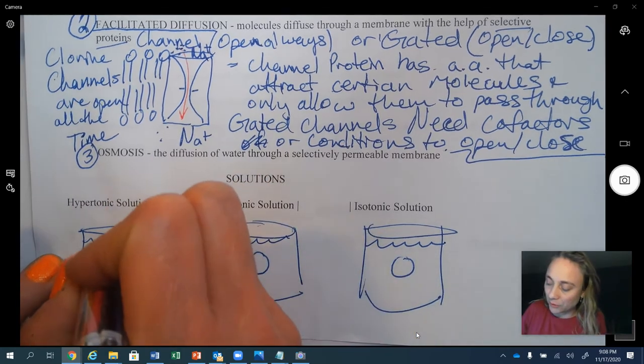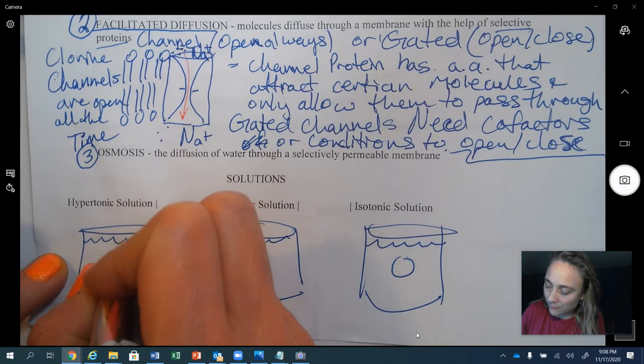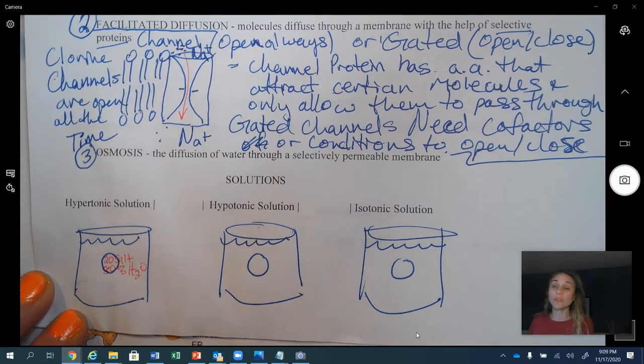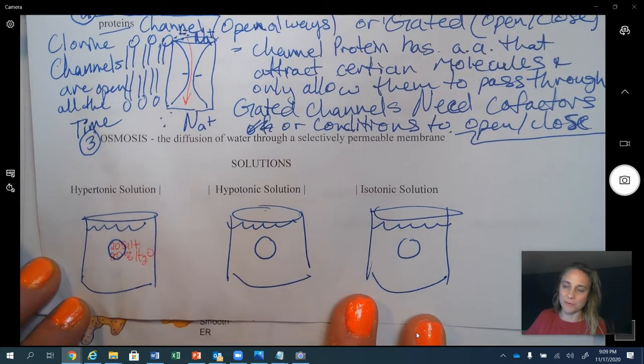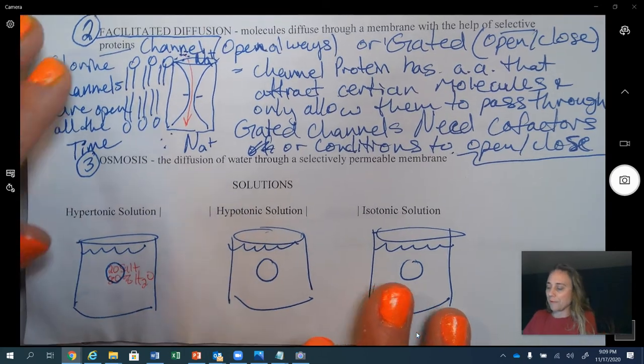Let's say the cell is only 20% salt and 80% water. It doesn't really matter what kind of salt. Water just counts it as stuff other than itself. It's 20% stuff other than itself and 80% water. Water doesn't care if it's potassium chloride or sodium chloride or glucose or whatever.